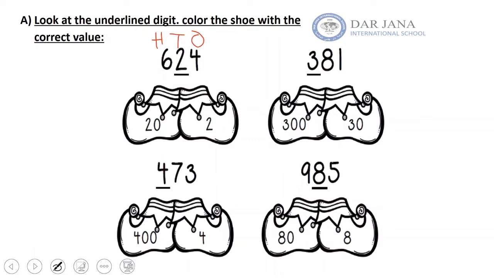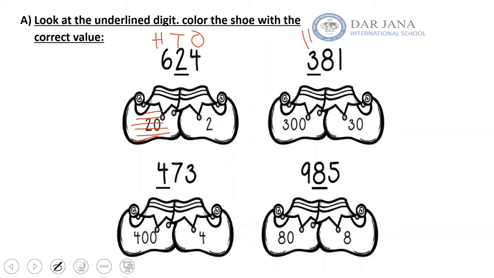Let's know the position of the underlined digit. It's 2. So it's under the family of the tens. I know the tens are a 2-digit number. So what's the value of the 2 here? Is it 20 or 2? Yes, it's 20. So you have to color 20. 20 is the correct answer.